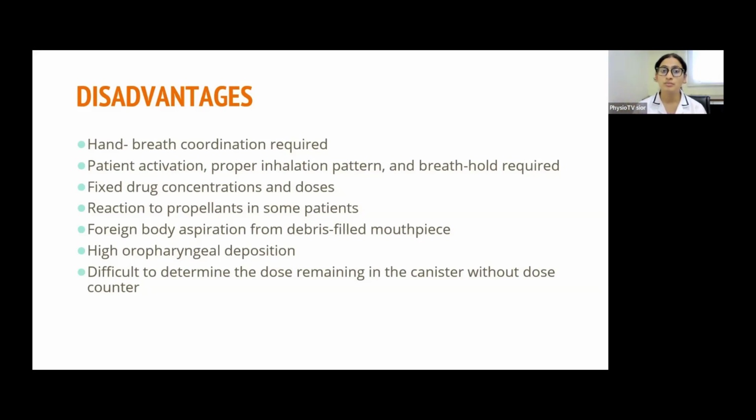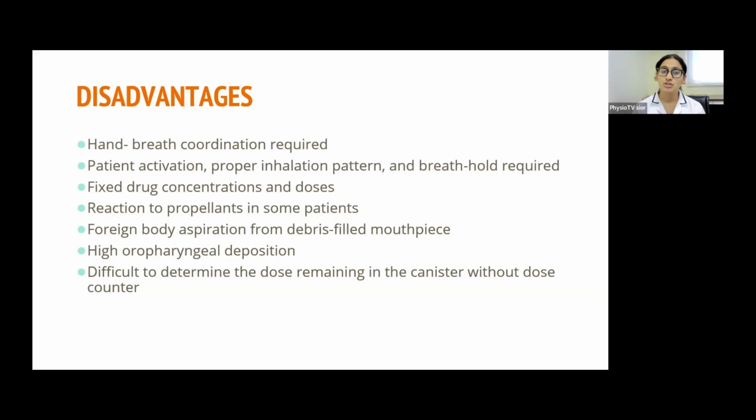Patient activation, proper inhalation pattern, and breath hold is required. Along with that, a fixed drug concentration and doses can only be given, which means in certain cases when there needs to be a mix and match of certain medications, that cannot be possible via meter dose inhalers.